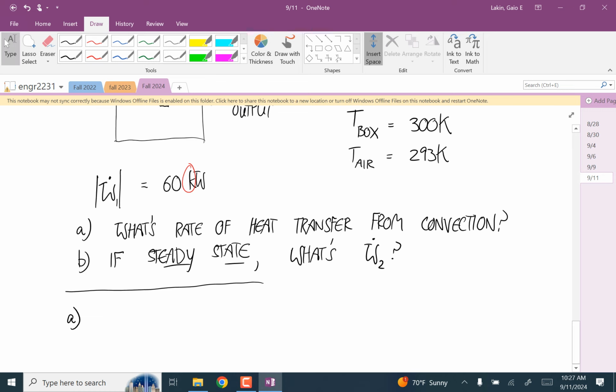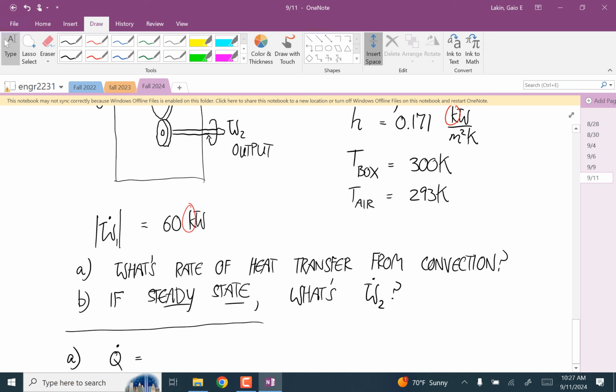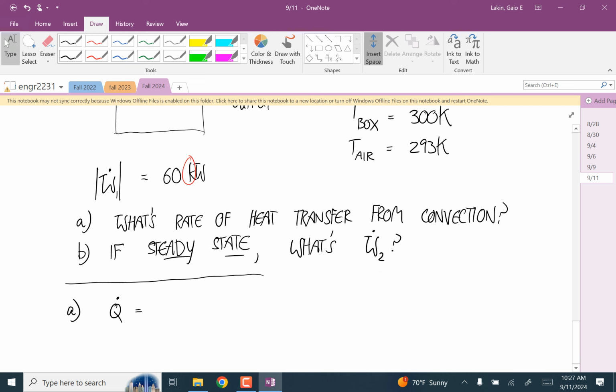So we have that Q dot is equal to h, so I'm going to call that 0.171 times 10 to the third to put in SI units, times the surface area of the box, which was given as 1.